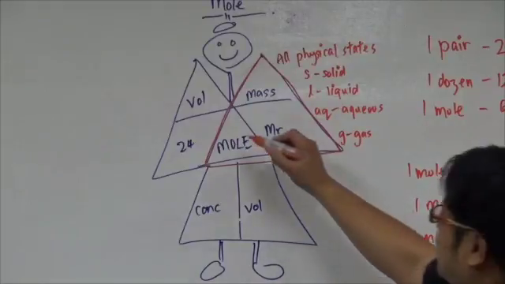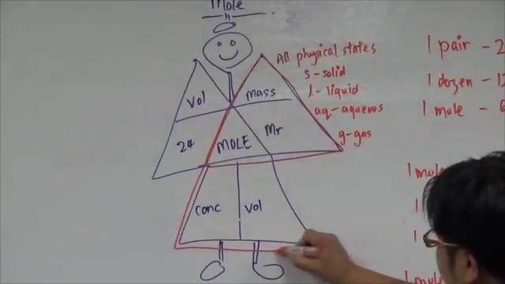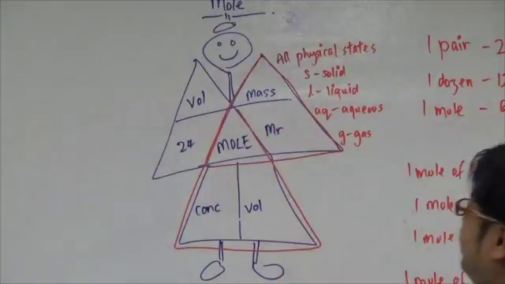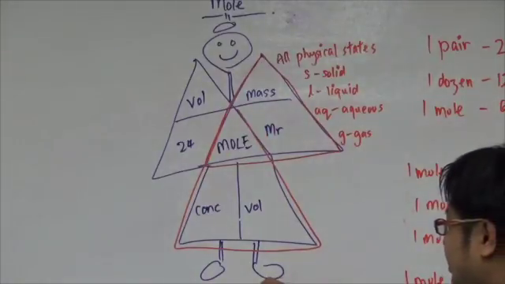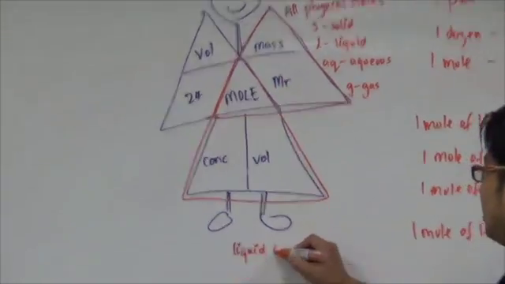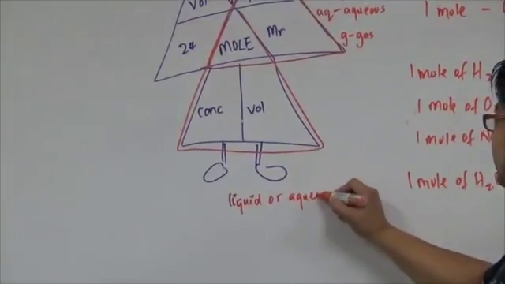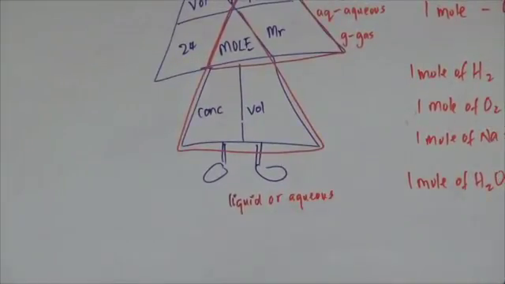The triangle at the bottom can only be used for liquid or aqueous state. If you have a different colored pen, it's good to use it so that you won't get so confused.